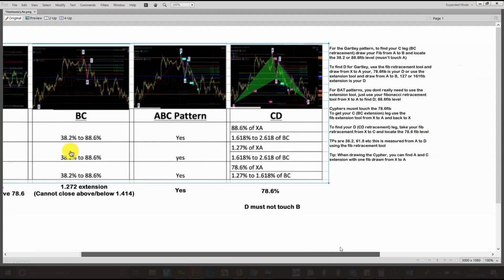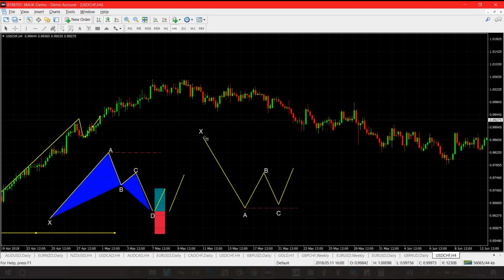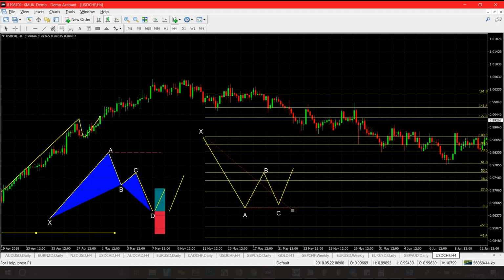But like we said here, we don't really need to do the extension. We could just use only the Fibonacci retracement tool from X to A. So same way, pick up your Fibonacci tool and measure from X to A. What are you looking for? You're looking for your 88.6, which should be somewhere around here.